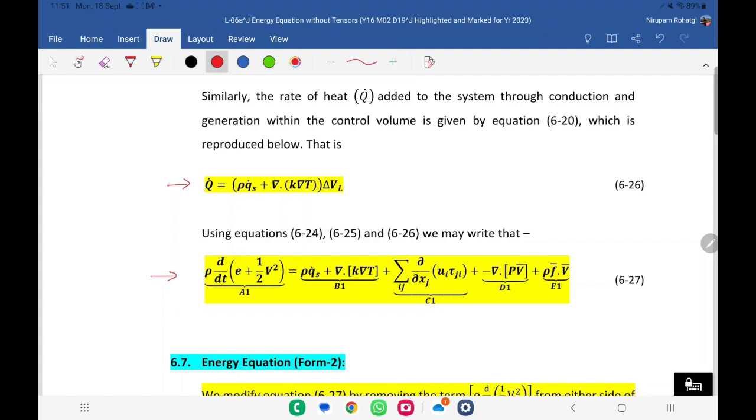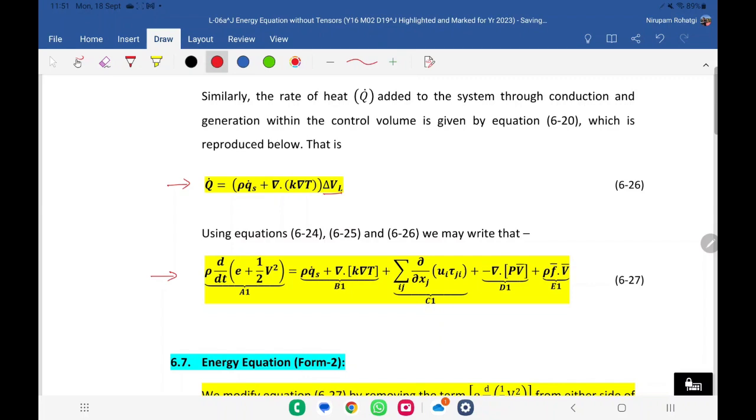Left side is the rate of change of energy within the control mass, and see that everywhere delta VL has cancelled out. It was there in each term, it has been cancelled out. Now I have named them A1, B1, C1, D1 and E1 because we will be doing jugglery with them one by one.